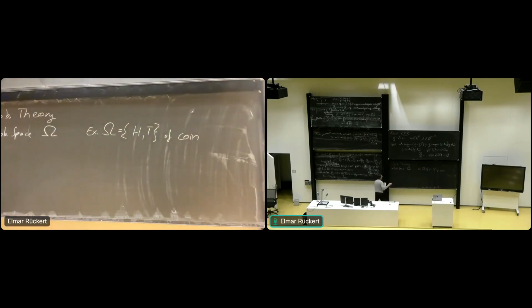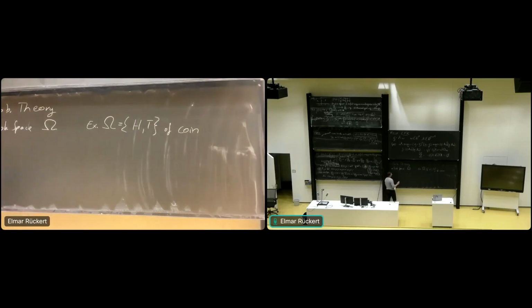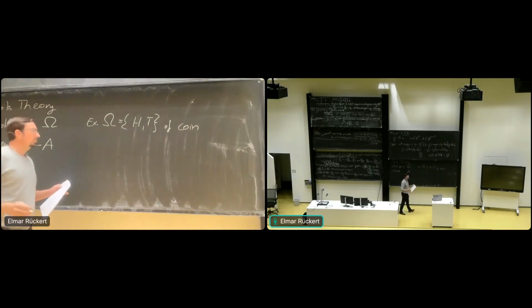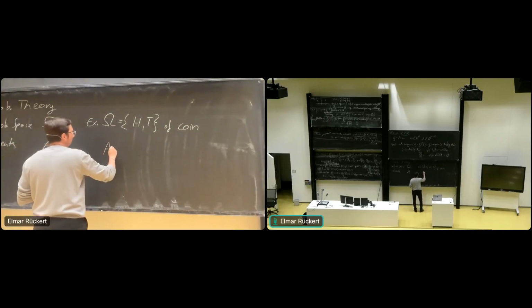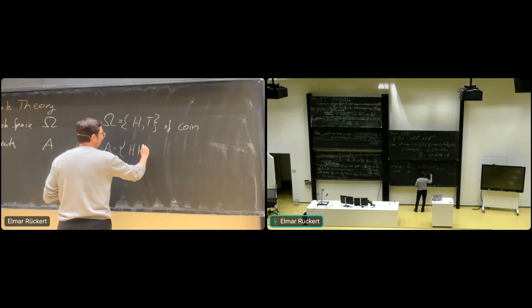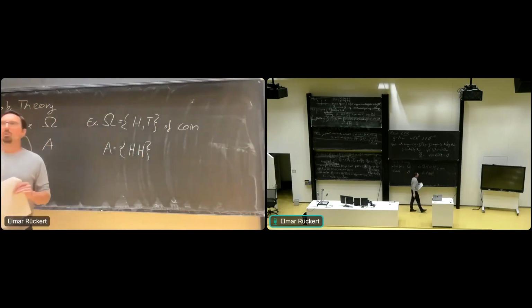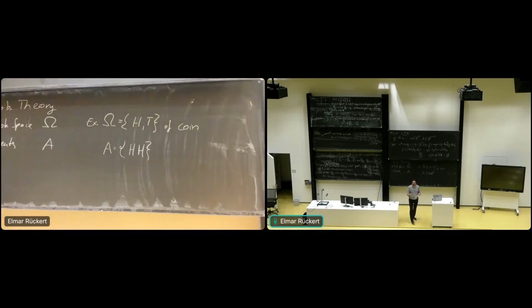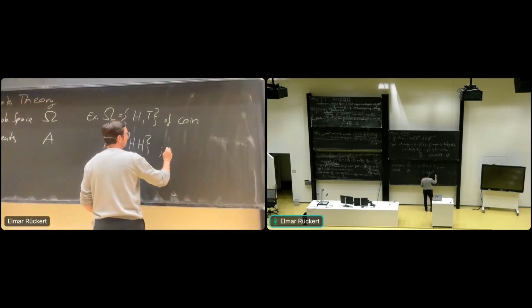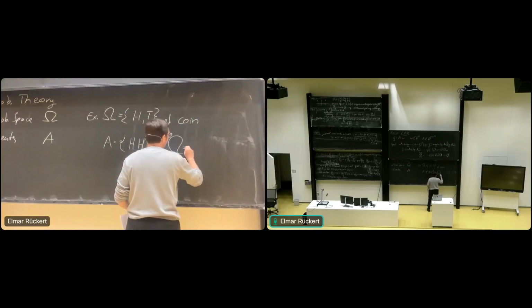Now, if we have such a probability space, we can define events. Events are actually observations. We denote these events, for instance, by A, whatever we use as a letter. And as an example, A could be that we observe twice in a row a coin flip that lands on heads. Now, in this case, the question is, what is the probability space omega?